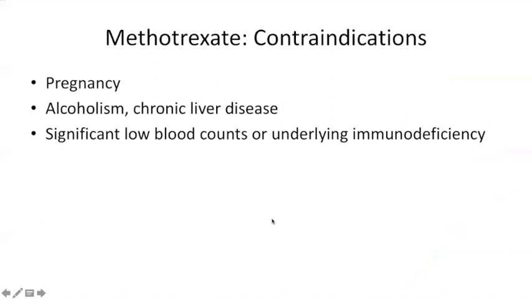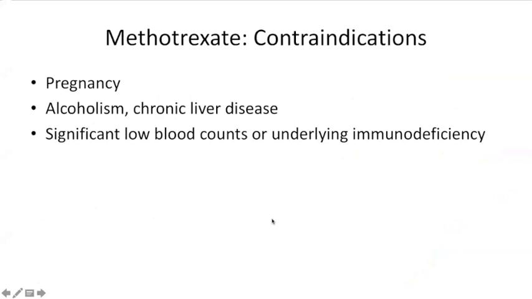And there are some more strict contraindications, conditions in which we would not use methotrexate. One is pregnancy. For females that are pregnant, it's contraindicated because it can be dangerous to the pregnancy.